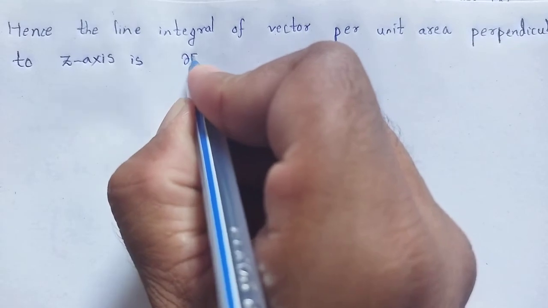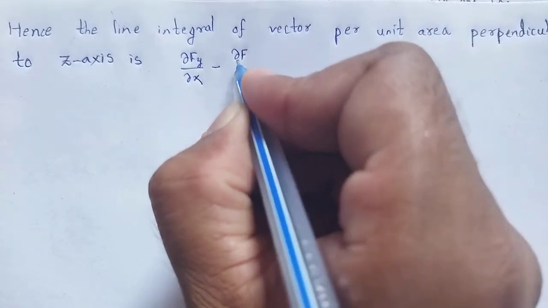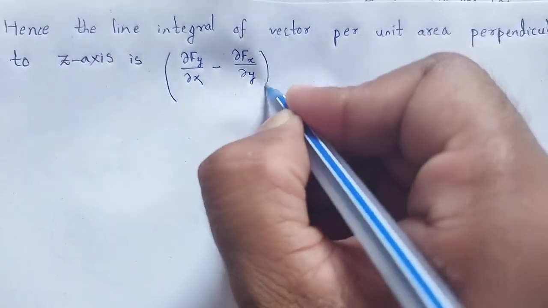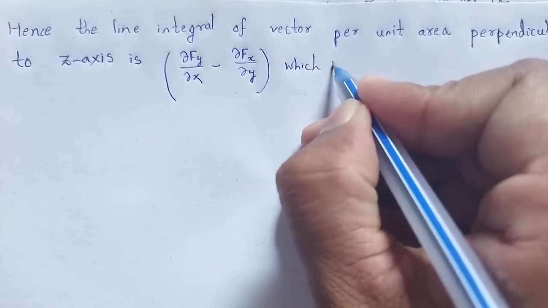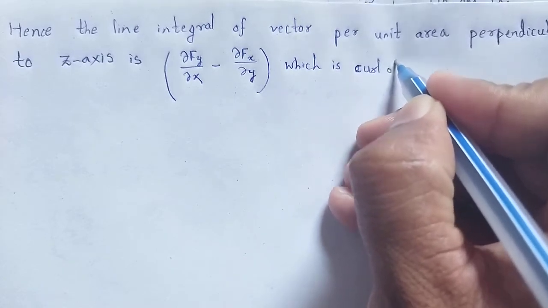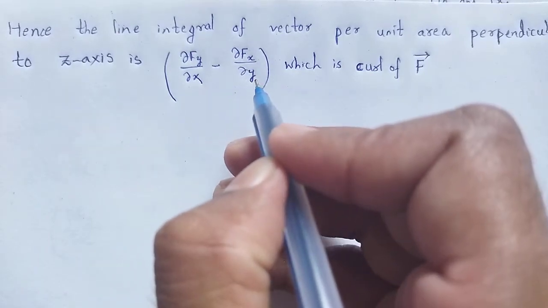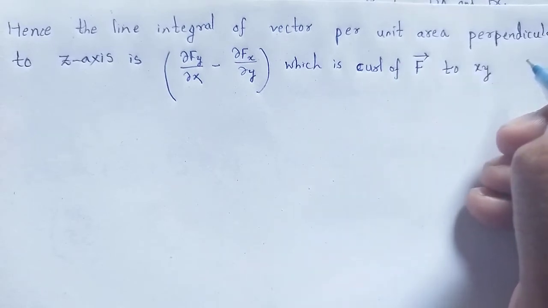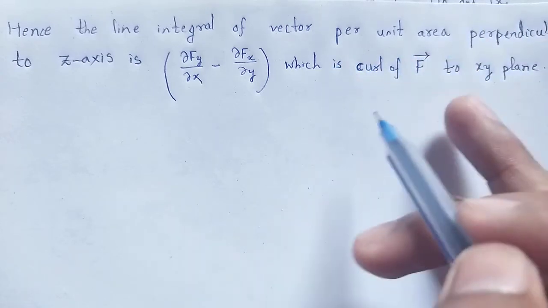That is del fy by del x minus del fx by del y, which is nothing but we can say curl of f vector to the xy plane, as we consider that is perpendicular to z axis.